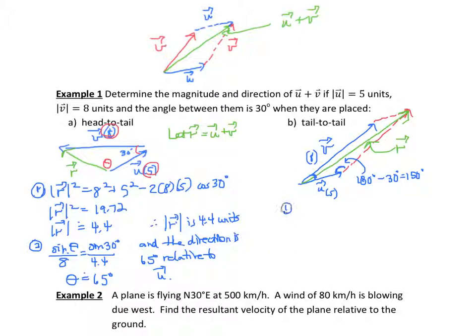Okay, so then again we're going to use the cosine law, and we're going to say the magnitude of r squared is equal to 8 squared plus 5 squared minus 2 times 5 times 8 times the cosine of 150 degrees.